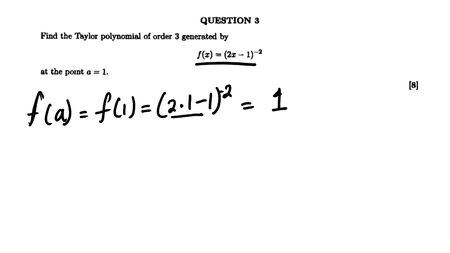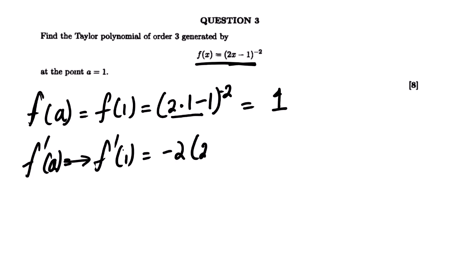Then for the second term, we need to find the derivative of this. So the derivative will be equals to, actually let's write it like this: 2x to the power negative 3 multiplied by 2, and then substituting negative 2 multiplied by 1.